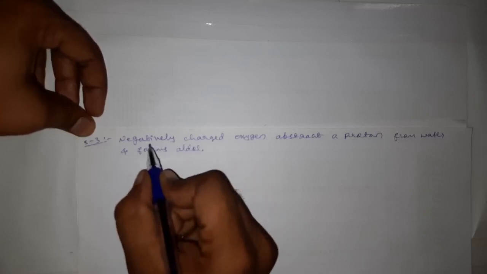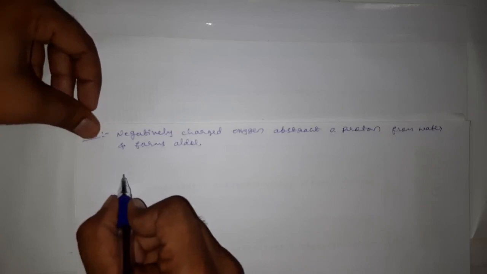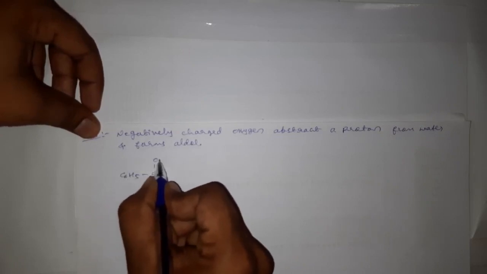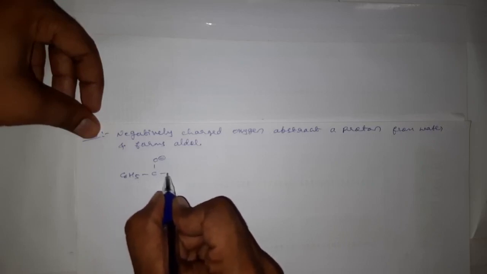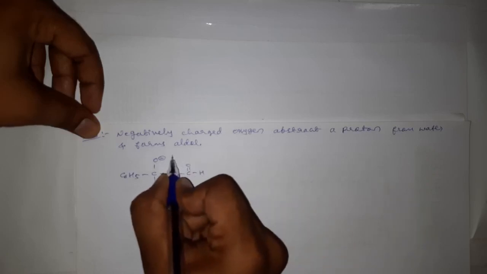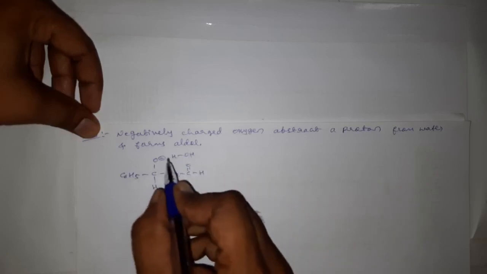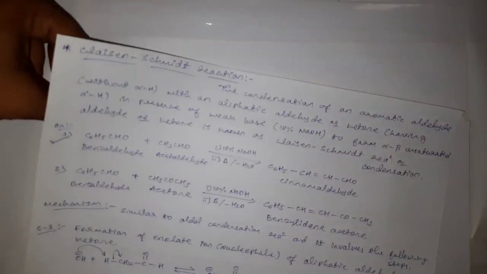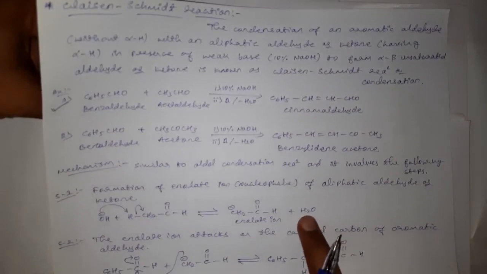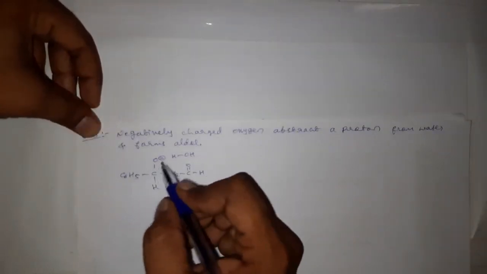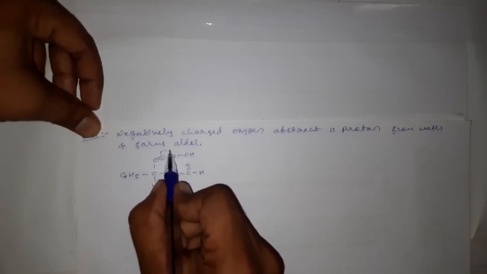Correct? See, the negatively charged oxygen, C6H5, C single bond O minus, H, CH2, C double bond OH, and here the water molecule is there, which was liberated in the first step. This water will now come in contact with this negatively charged oxygen, and this oxygen will drag this proton.